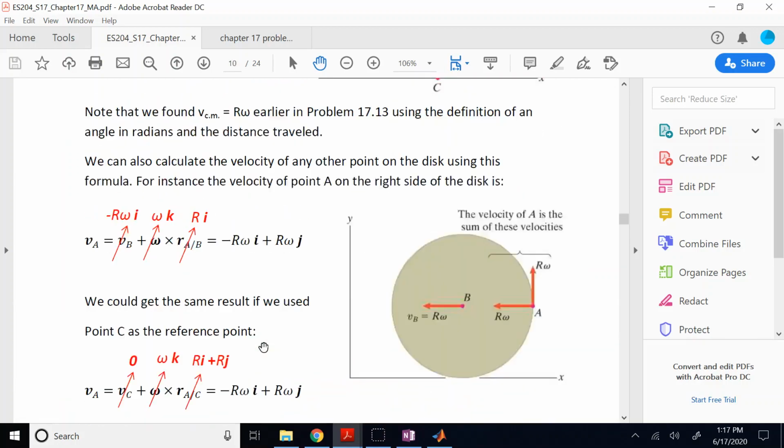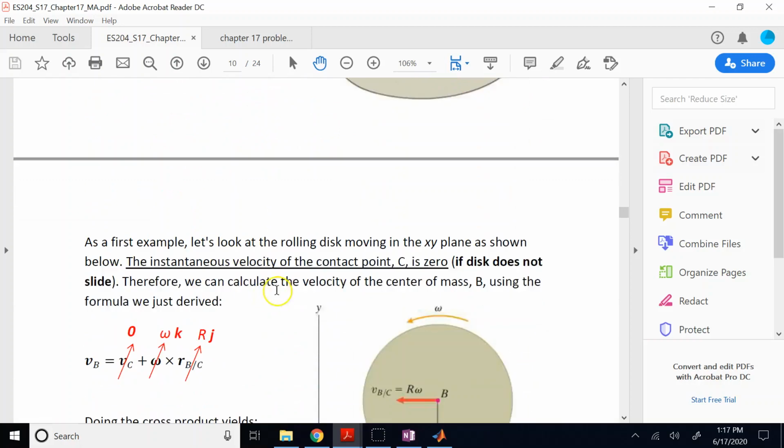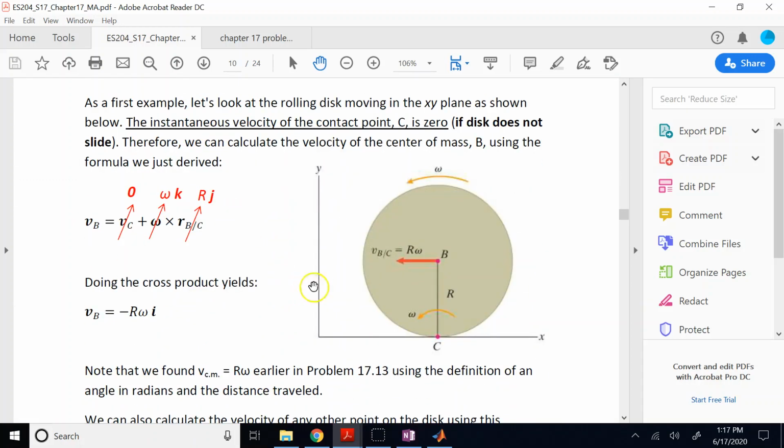So first, let's look at the nice, simple yet important problem of rolling without slipping.